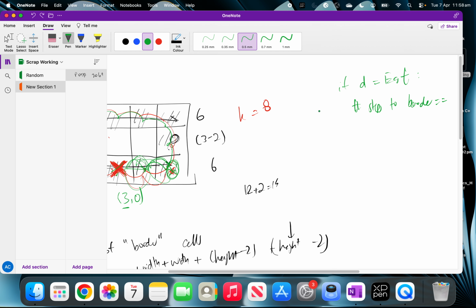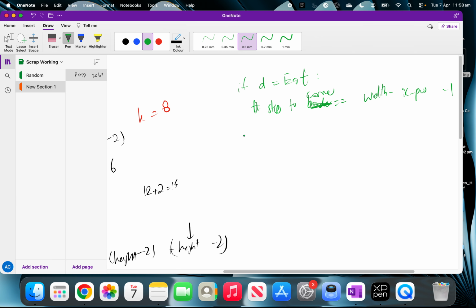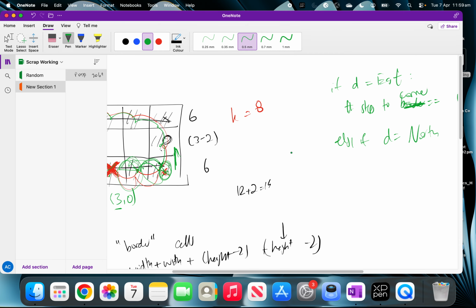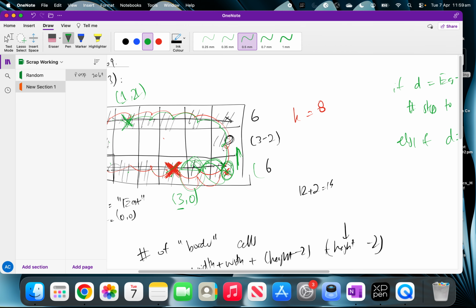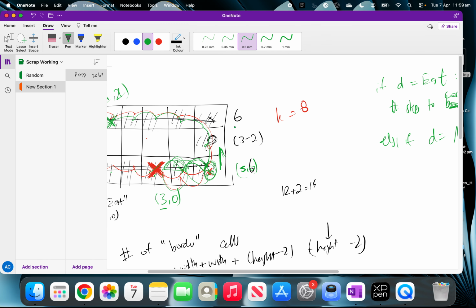So yeah, steps to the, maybe not to the border, sorry, to the corner. Else, if d is equal to north, if we're going up in this direction, then, for example, if my position is 5, 0, I have 2 steps I could go.